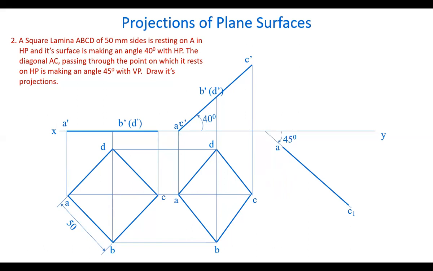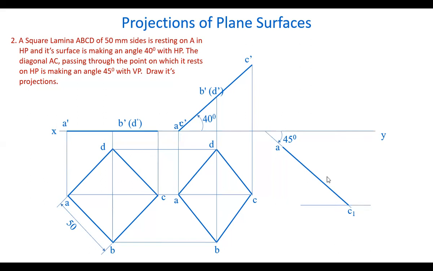Now, when this is making 45 degrees angle with VP, the point A is fixed and point C will be at this distance in front of VP. So draw the locus of C in the top view. The point C must be on this locus. To get this apparent angle, you can refer to the projections of lines in the previous videos, where we have clearly discussed this point.